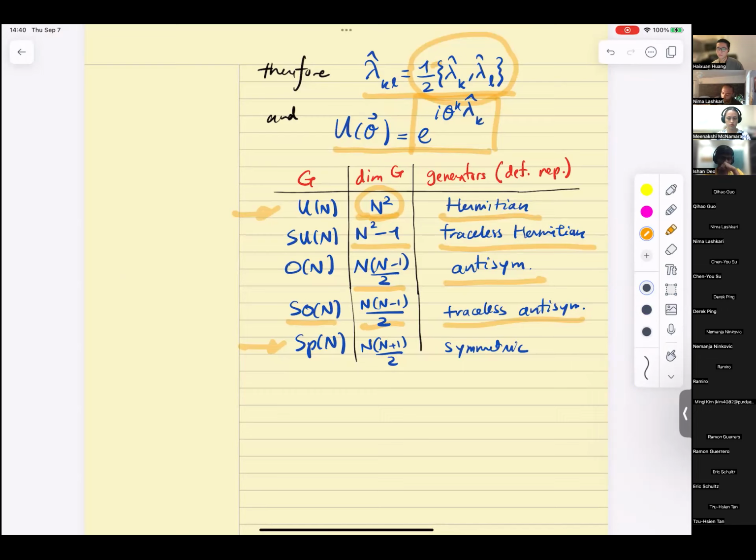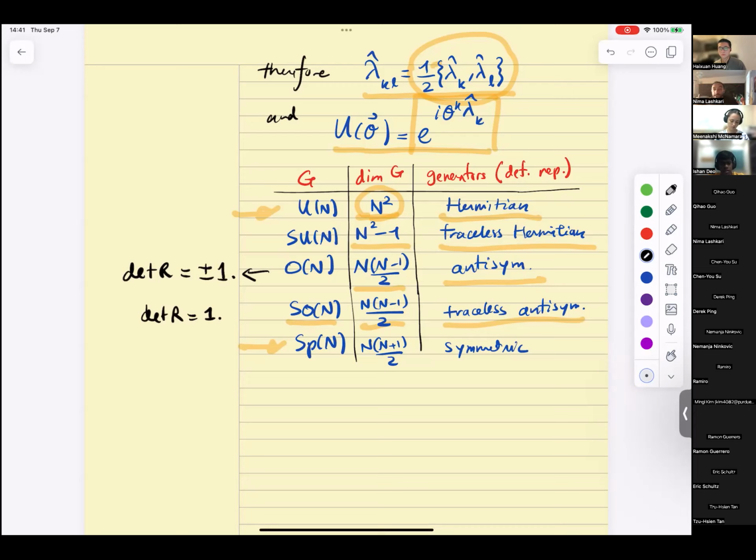What is the extra condition that takes me from ON to SON? The determinant of R has to be 1. What are the choices for the determinants of ON matrices? Anyone? 1 and -1. Exactly. So here you're not really changing the dimensionality of your manifold. You just had 2 copies of it, right?